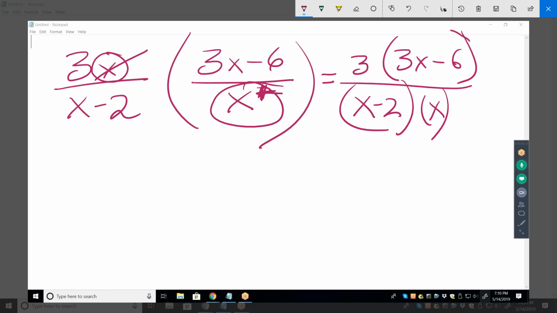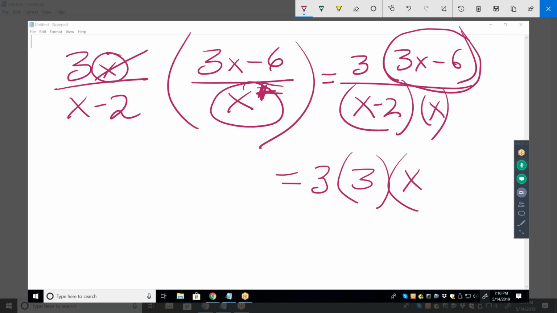Is there a greatest common factor in that? Think numbers, then think variables. That would be 3. Okay, what's left over? 3 parentheses x minus 2. Notice the 3 times x minus 2 is 3x minus 6.